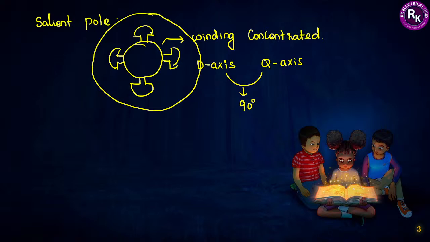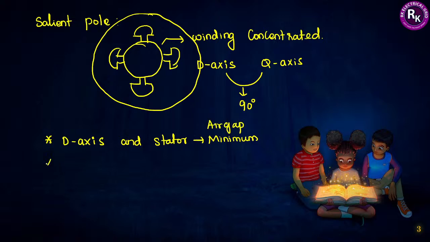What I am trying to mean is, if you are taking the direct axis and the quadrature axis, if you are observing the air gap between the direct axis and stator, the air gap will be minimum.